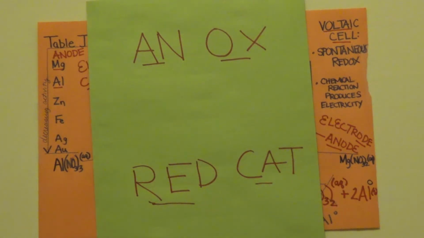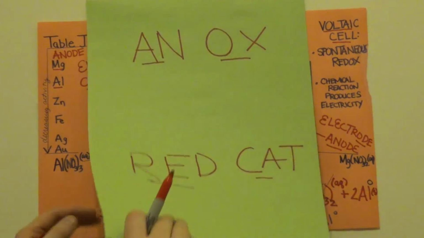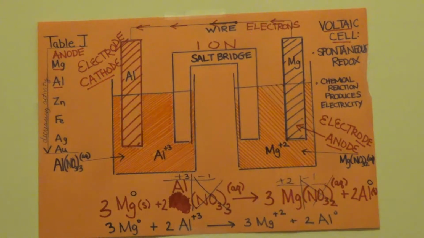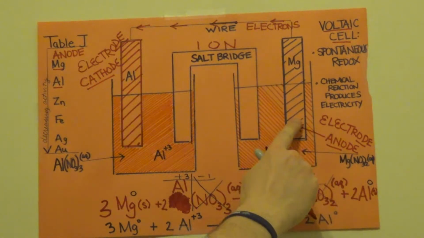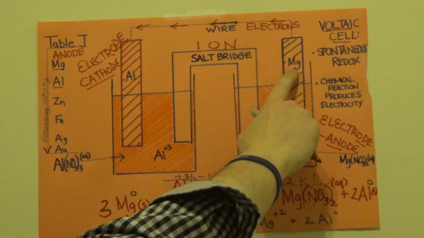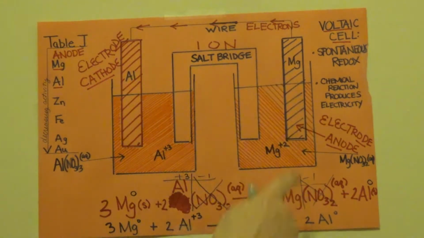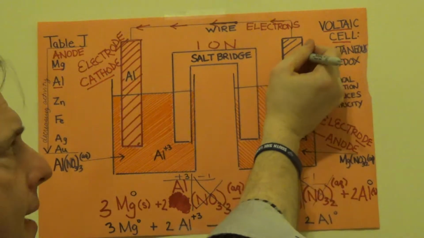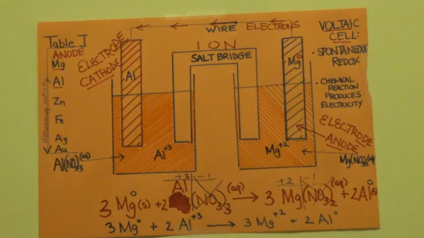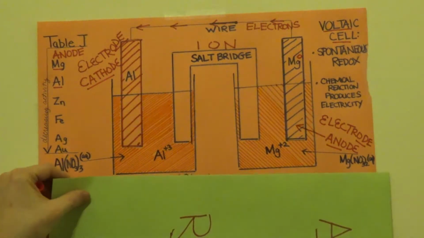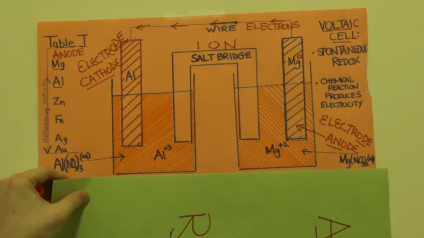All right, let's look at our two cells. We just said that the anode is here. It involves the magnesium. Now there are two forms of magnesium. Notice I have magnesium plus 2 and magnesium 0, the solid metal. If I didn't have an overall reaction to base my judgment on, what is the oxidation happening there?